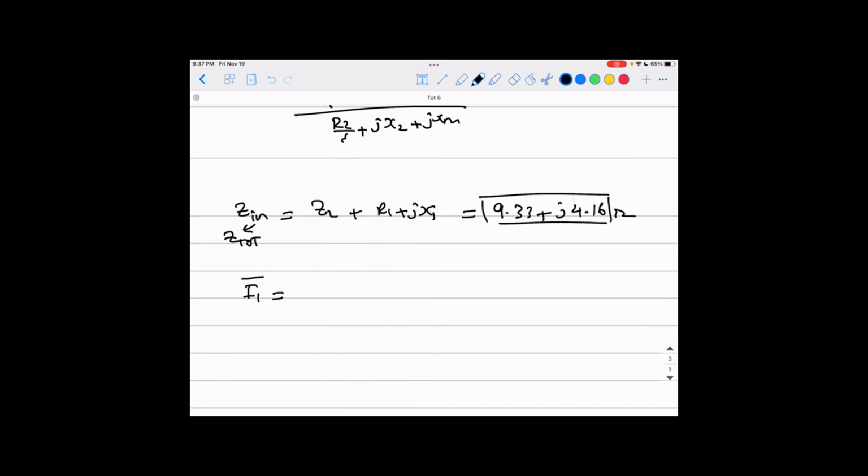All these are vectors. It is V1 divided by Z input. V1 is 480 and its angle is 0 by default because that is the voltage. Divided by 9.33 plus j4.16, and this will give you 42.9 minus j19.1 amps.